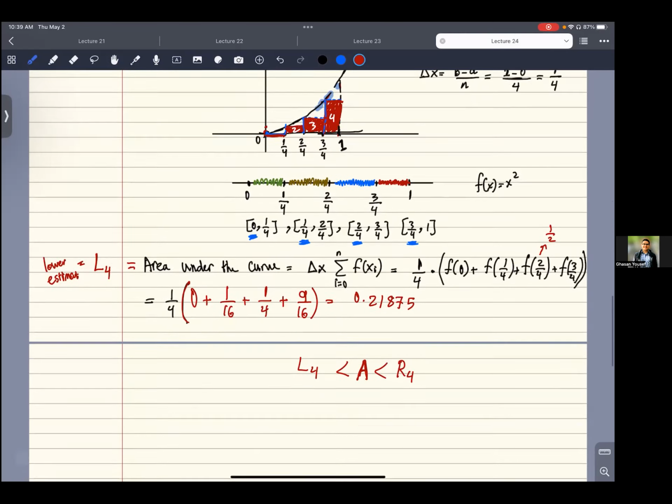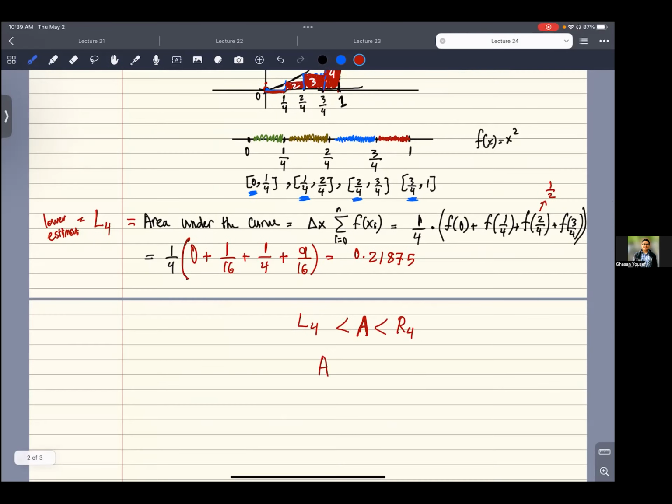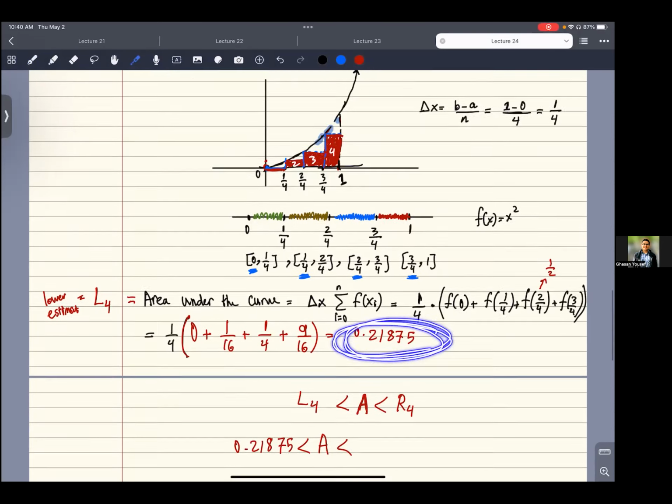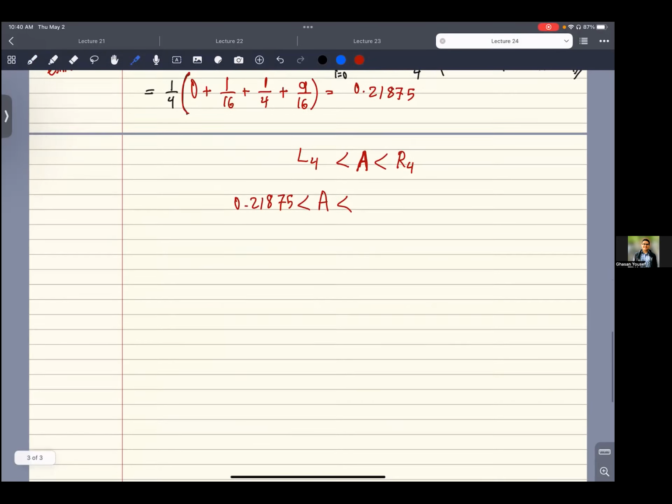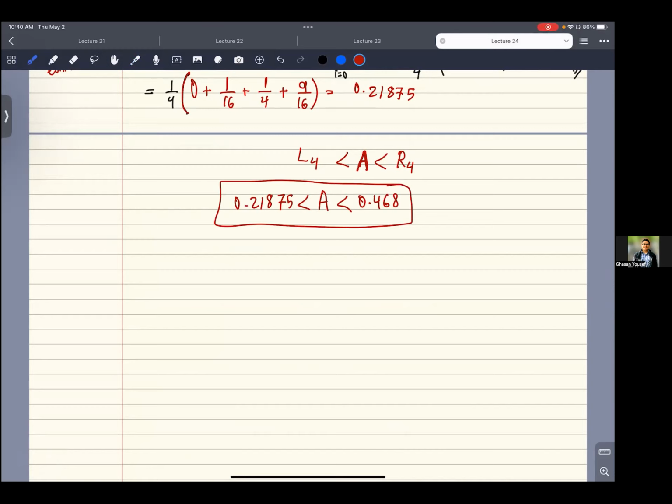Makes sense? So I can say now, after all this calculation, A is between 0.21875 and 0.468. So here is the area. I find the area by using rectangles. I divide the area under the curve into rectangles.